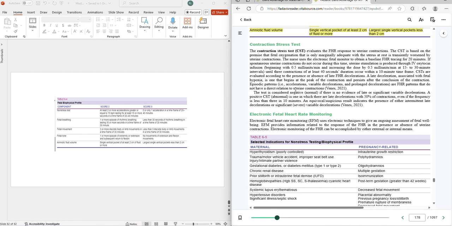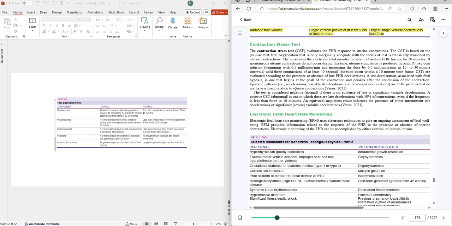Sometimes we will start a low dose pitocin drip to do the contraction stress test as well. We don't want any fetal heart rate deceleration during any contractions that we're stimulating. We do these tests to see how the fetus will tolerate labor.